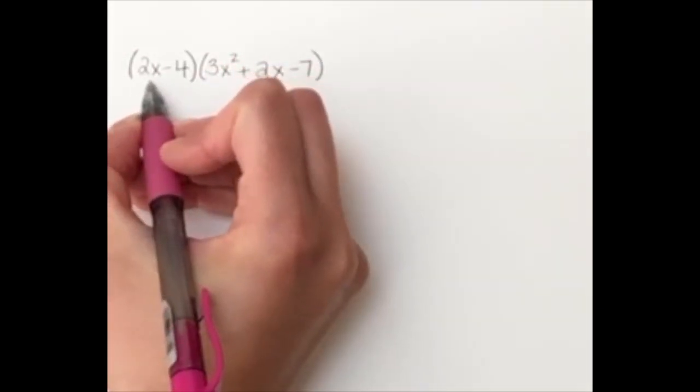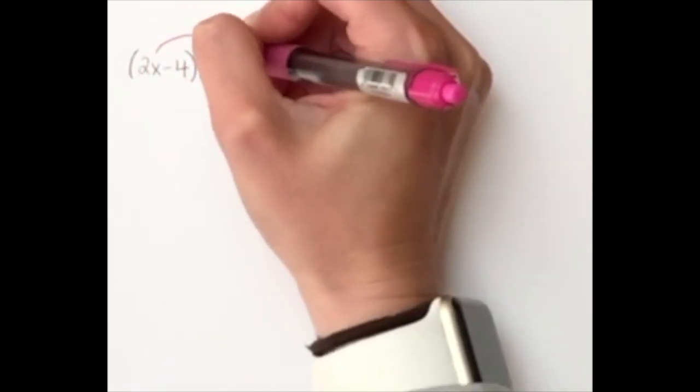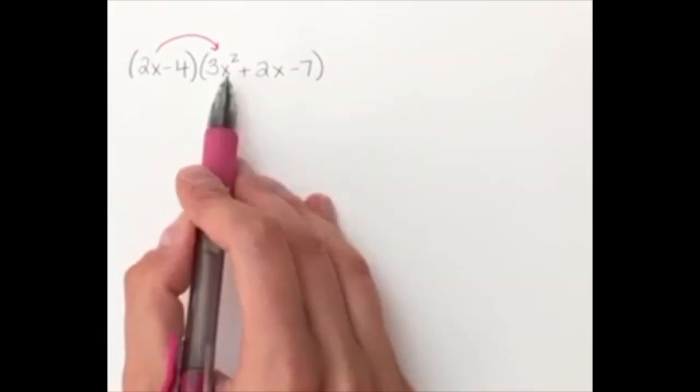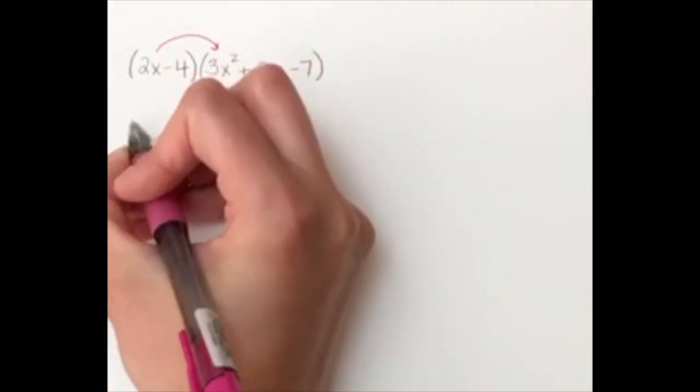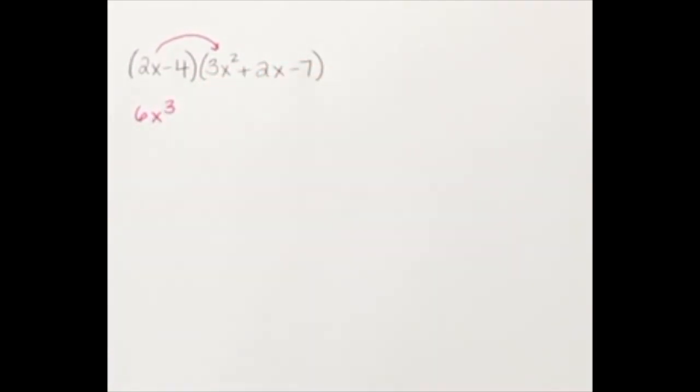So just like Mrs. Sullivan did, and I show my work slightly differently, but we get the same answer, I'm going to start with 2x, and I'm going to distribute the 2x first to the 3x squared. What is 2x times 3x squared? That would be 6x to the third.